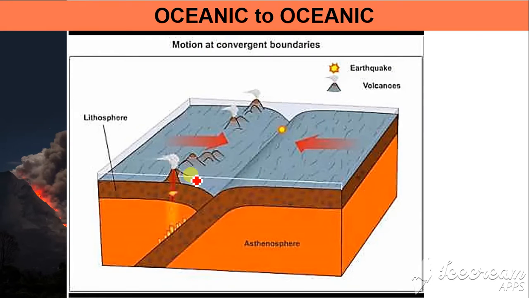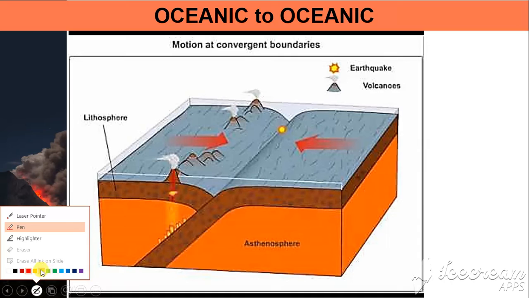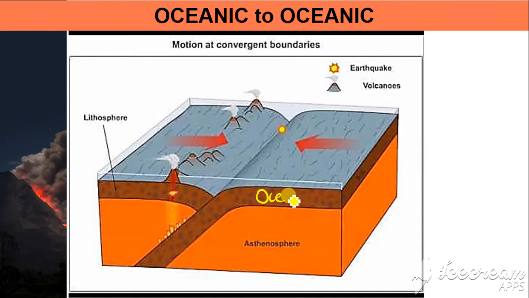So let's look at this demonstration here. So we have the oceanic crust and another oceanic crust. So they are colliding. So the older one is forced down into the mantle and it starts to melt, while the younger one stays above it.